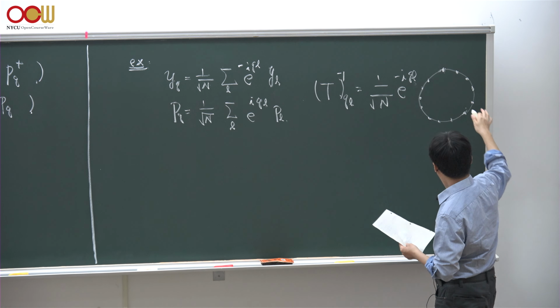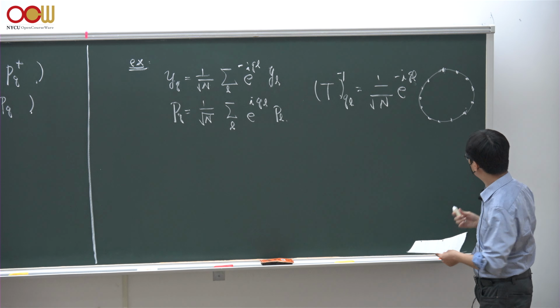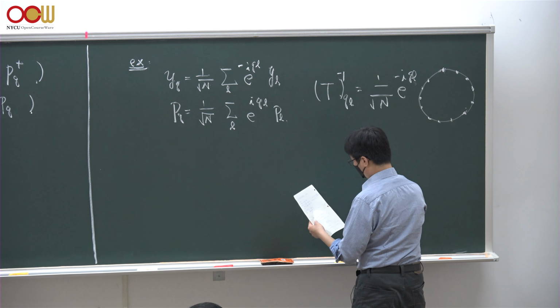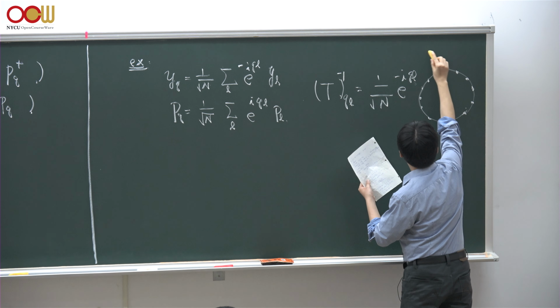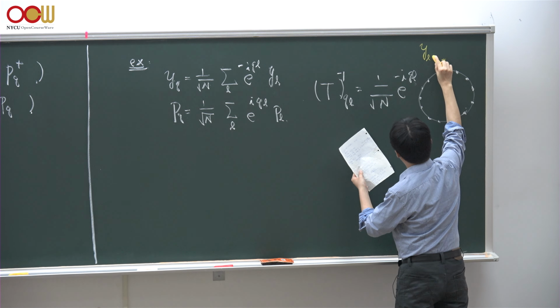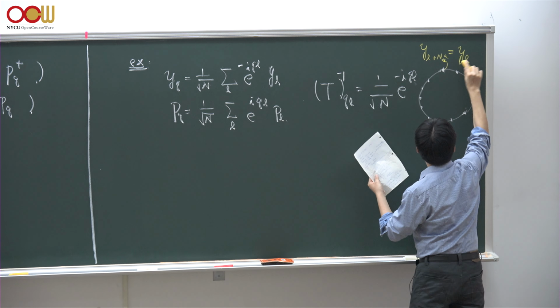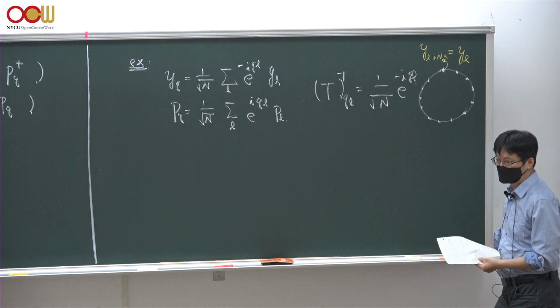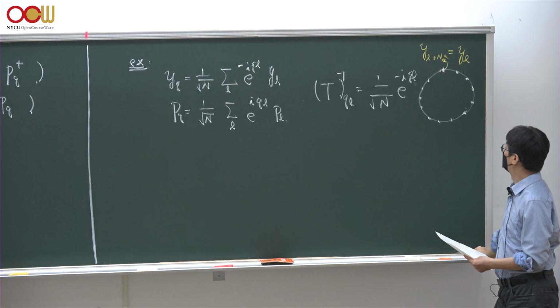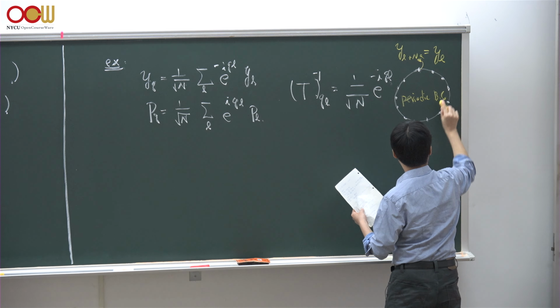Of course, it doesn't need to be a circle, but just for convenience, we consider such periodic structures that after you go around a complete circle, the displacement vector is back to yL. It is called the periodic boundary condition.